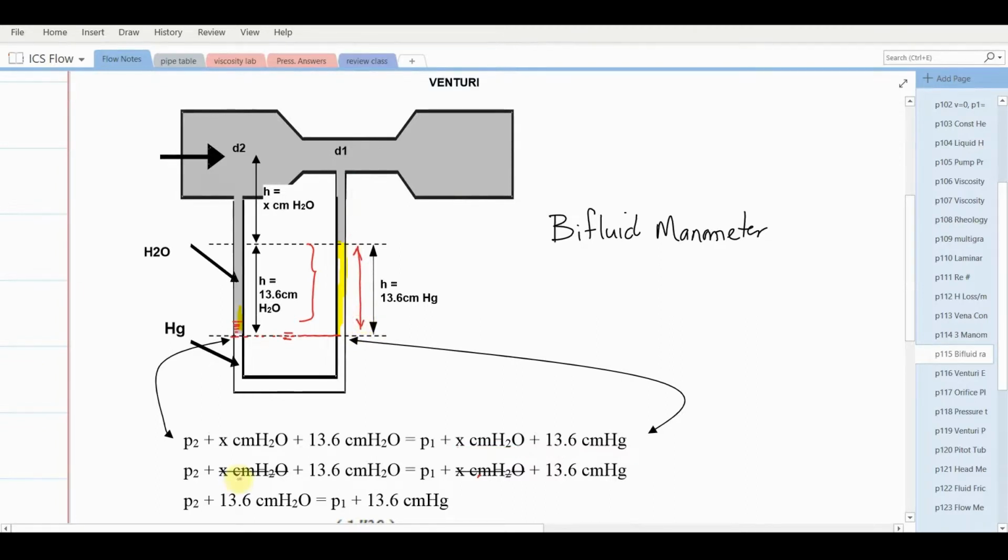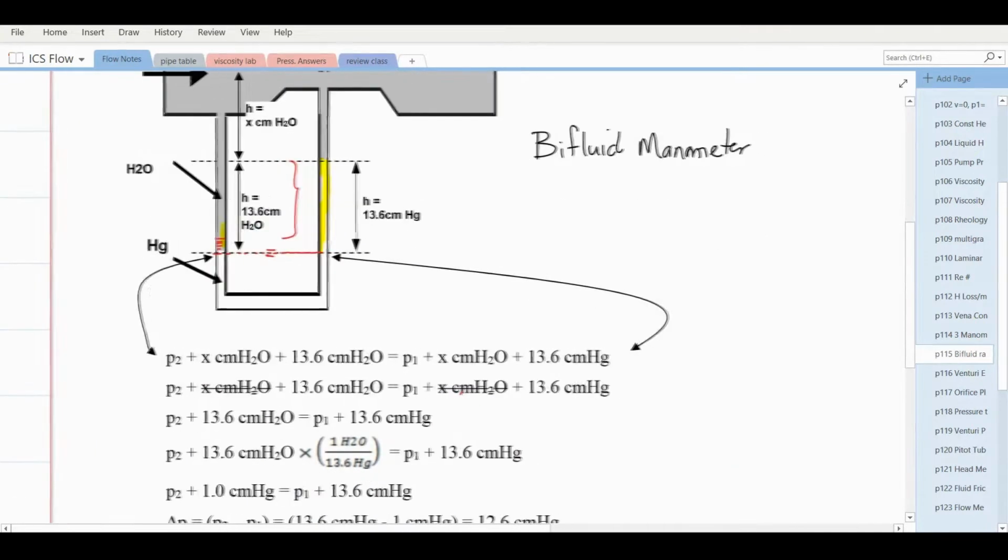Well, fortunately, we have the same X centimeters of water on both sides of the equation. We can cancel those. Therefore, I can write P2 plus 13.6 centimeters of water is equal to P1 plus 13.6 centimeters of mercury. Now I want to combine those heights of fluid. They will need to be in the same fluid. So let's convert 13.6 centimeters of water into centimeters of mercury.